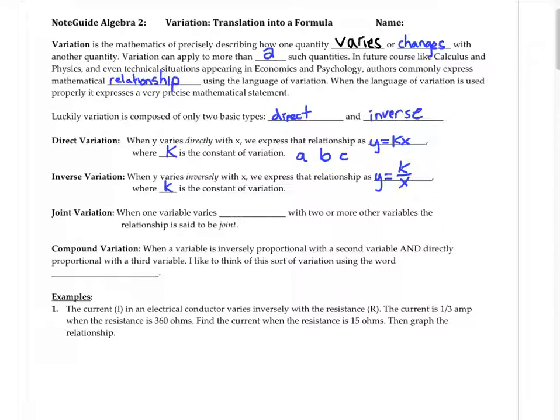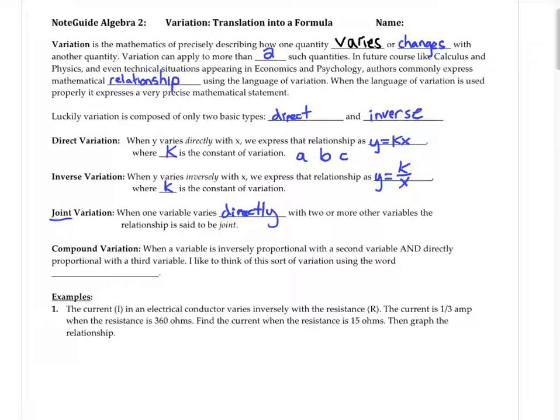So joint variation is another important vocab word. I said it was mainly two types of variation that you need to remember. Joint is also probably the third key vocabulary word that you need to remember in this lesson. So when one variable varies jointly, we're saying it varies directly. Joint is kind of just another way to say direct, but in a situation where there's more than one other variable.